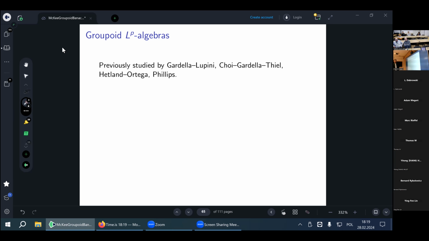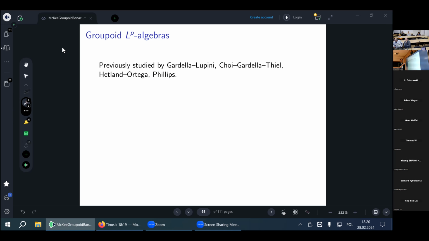Now I want to talk about LP algebras. So I guess if you just think about group algebras, this goes back to Herz, at least in the 70s, who thought about representing groups on LP spaces. And then Phillips was interested in LP versions of Herz algebras, which have a groupoid model.